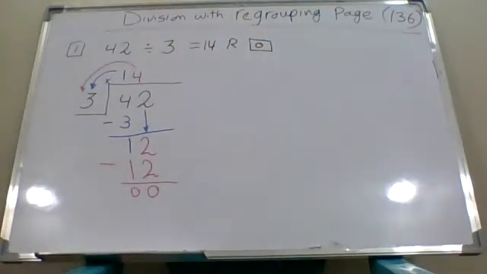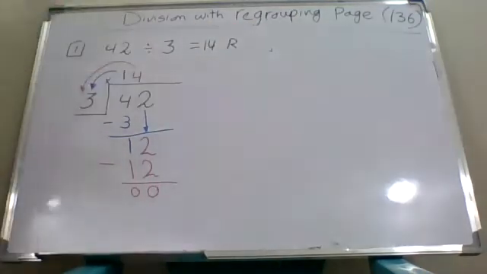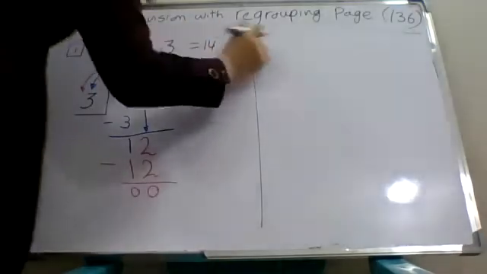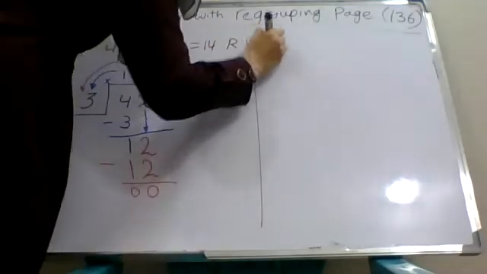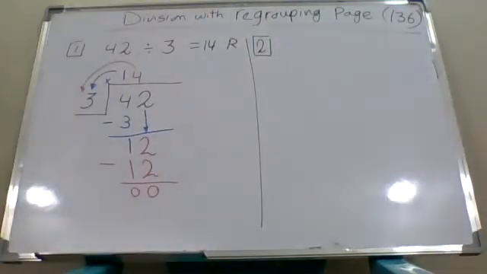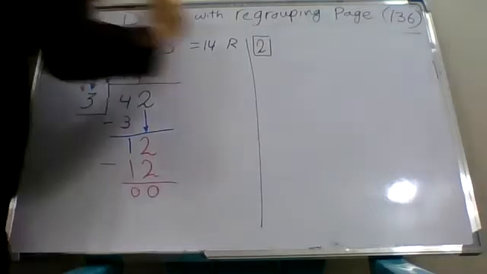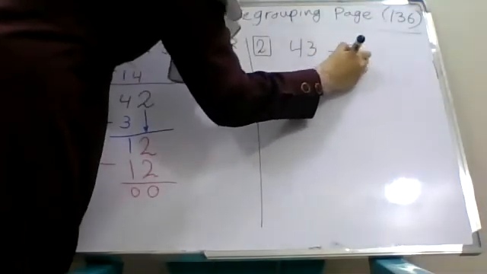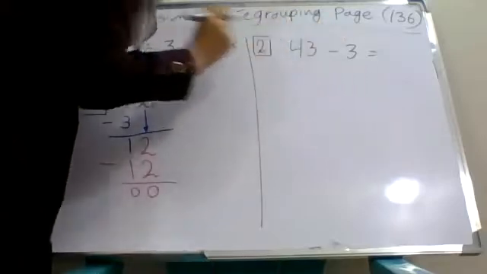Let's do another exercise. Here I have question number 2, so we can follow these steps. I have 43 divided by 3. Okay, I will use the long division again.